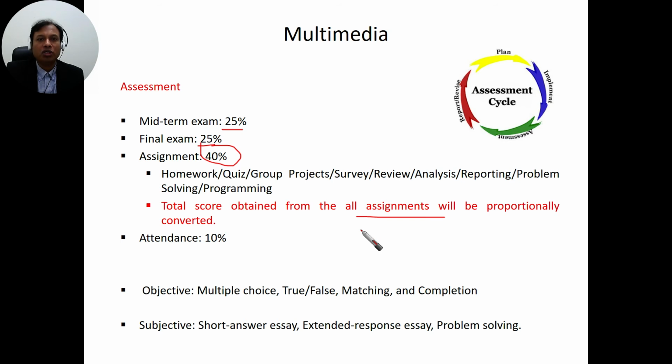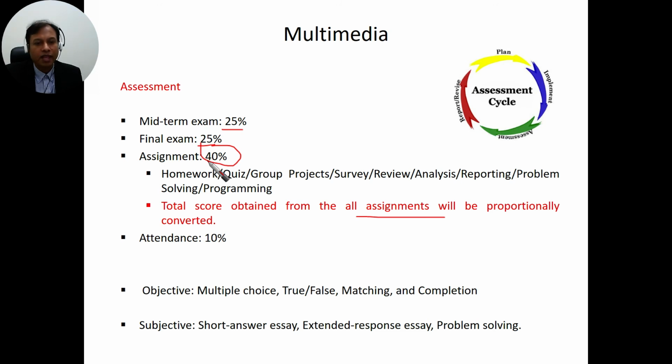The total score obtained from all assignments will be proportionally converted. Let's say we total the quizzes, homeworks, or whatever together. Let's say we have 10 assignments and a total mark, and then we'll convert that total score to a 40% score.